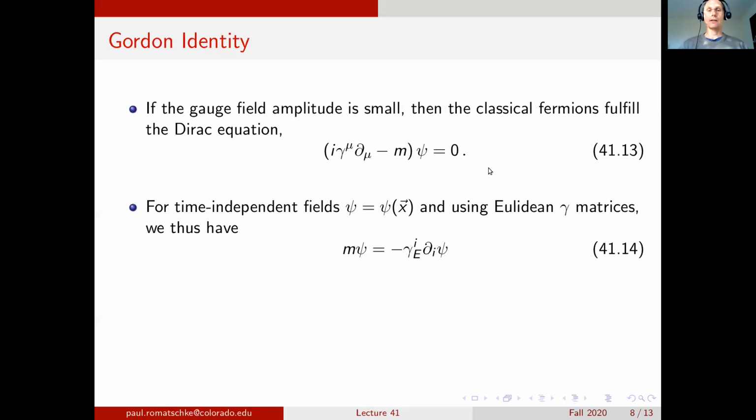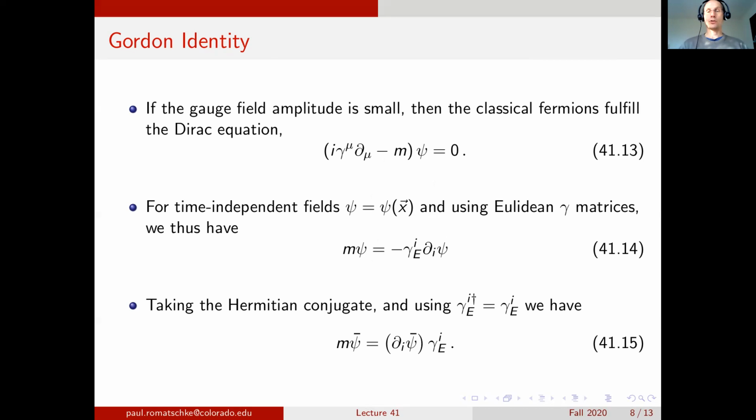We can therefore switch to Euclidean matrices again and concentrate on time-independent fields. So the time derivative of this equation just drops out. Then this equation just becomes m psi is minus gamma E partial i psi.